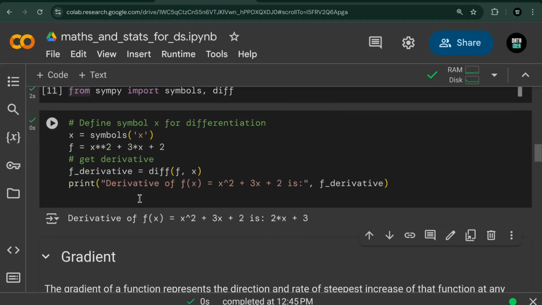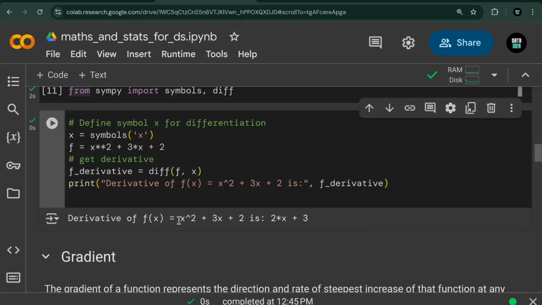All right, so we have here a derivative of x squared plus 3x plus 2, okay, as 2x plus 3. And what just happened here is basically for this particular term, we got this power 2 and we multiplied it by our x here, and then we reduced the power of x by 1.